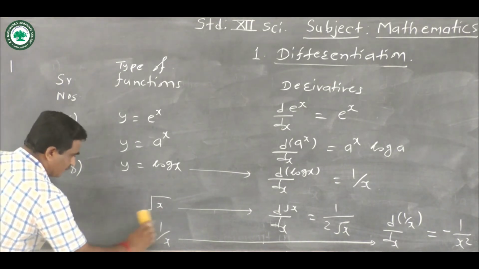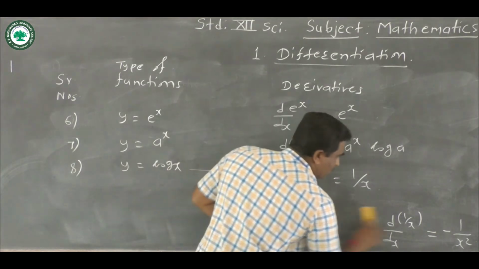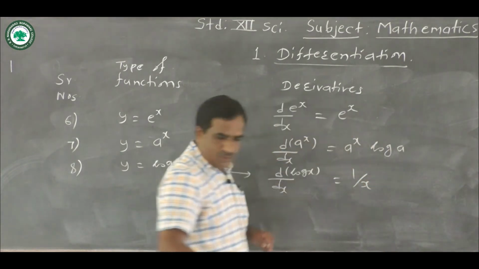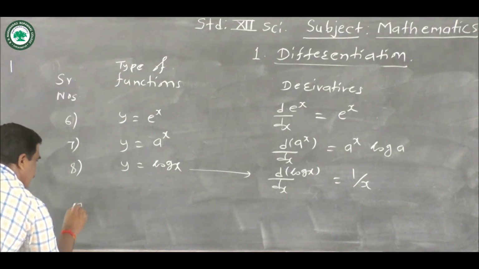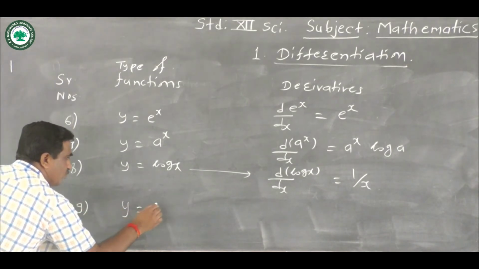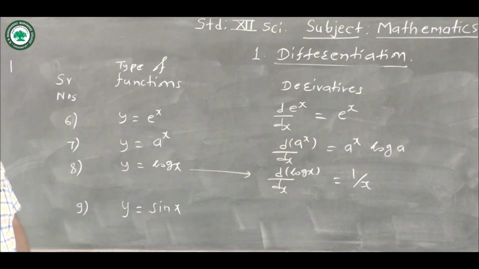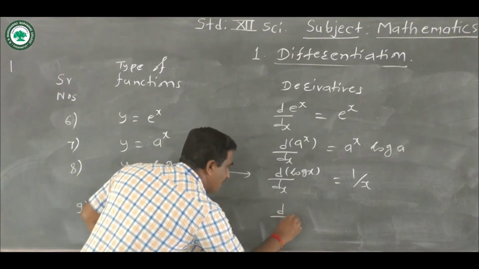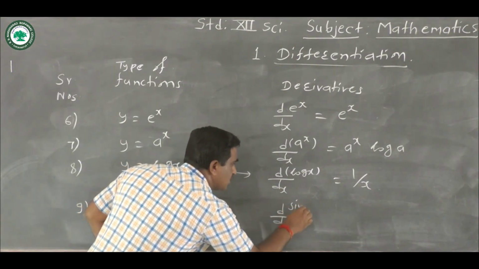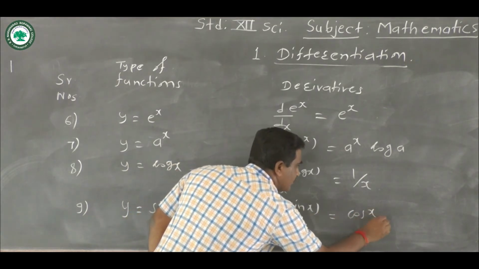Now further, there are 6 trigonometric functions, and we know the derivatives of trigonometric functions also. Number 9, y is equal to the first function, suppose sin x. Derivative of sin x with respect to x, that is dy dx of sin x, is equal to cos x.